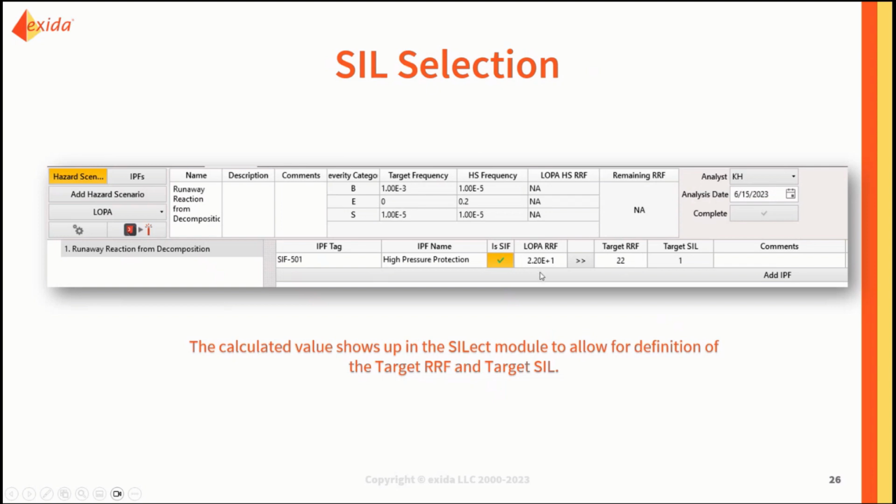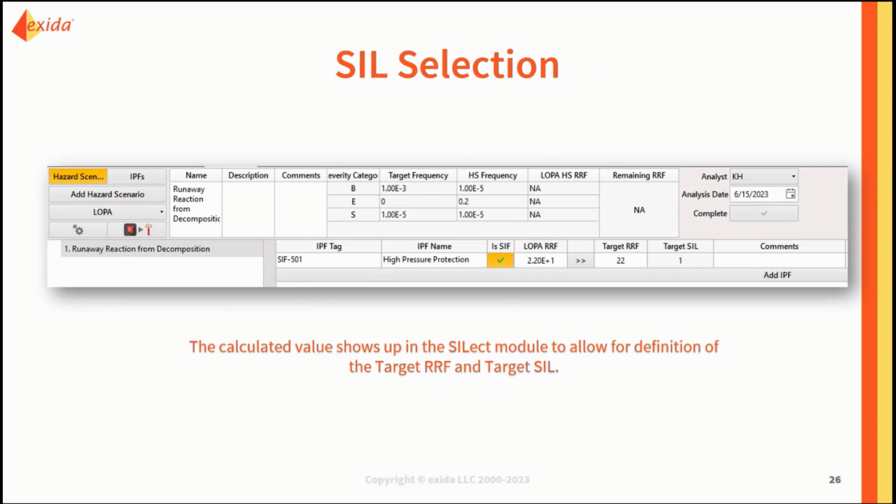You could either have it match, or perhaps you want to be a little conservative and bump it up to the next level to ensure that the SIL level covers that SIF and the associated hazard scenario. It's important to mention that within exSILentia, if you have a SIF in multiple hazard scenarios, it will use the worst case scenario in order to determine your target risk reduction factor. So that is something it is able to account for.